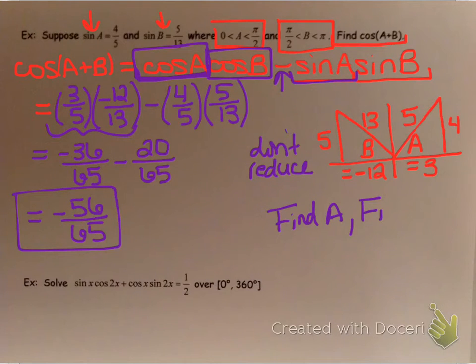You'd have to find angle B, which means not only would you have to do inverse trig, you'd then have to convert it to an answer in quadrant 2. Then you'd have to add the two angles together and figure out what angle you got, and then you'd have to do the cosine of that angle. So I would recommend you not check your answer. Trust the identities and trust your picture drawing trig, and you'll be good.